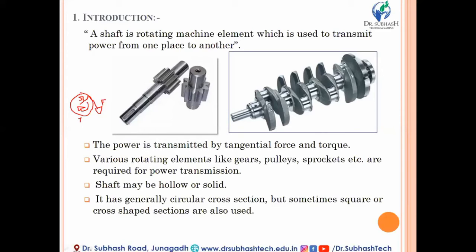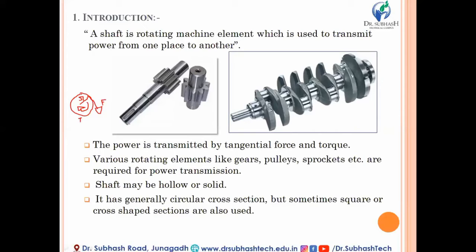Dear student, let's take a very simple example from our workshop, wherein lots of machinery requires power, and all that power comes from the driver. Suppose you take the example of a lathe machine. In a lathe machine there is an electric motor, and whatever power or torque is required to perform various operations is delivered through this electric motor.